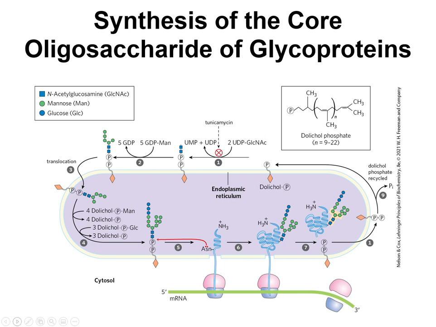You build up these core oligosaccharides by having a protein that is in the ER membrane. And you build stepwise these different sugars into these complex formations.